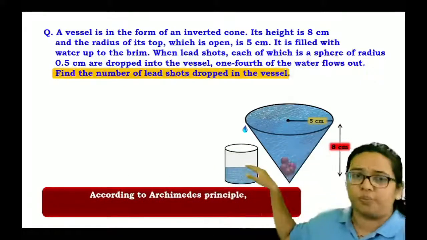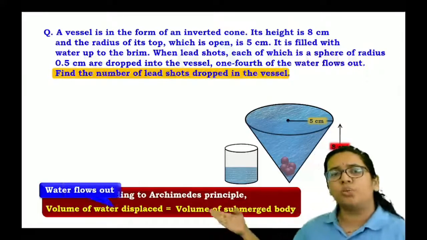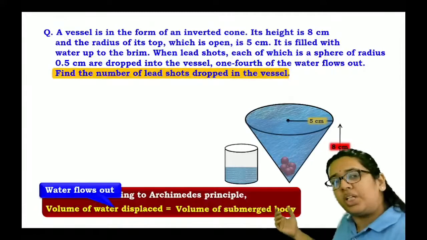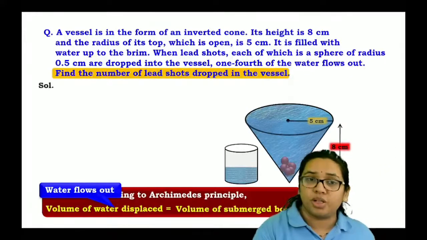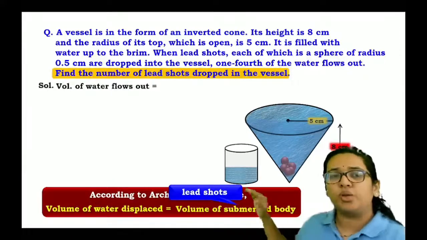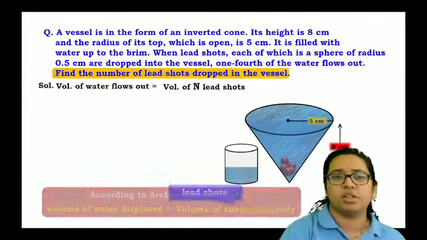According to the Archimedes principle, volume of the water displaced is same as the volume of the submerged bodies. ये जो बॉडी आपको मिल रहा है, it will be of that spherical figure. So volume of the water that flows out is nothing but 1/4 of the water.